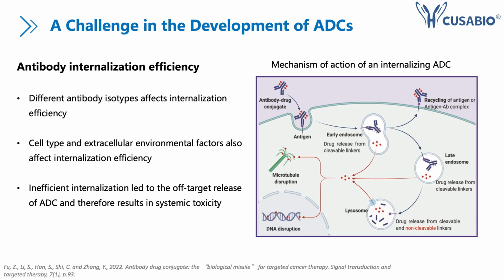However, many factors can affect internalization efficiency, like antibody affinity and specificity, and also antibody types, subtypes and isotypes. For example, IgG1 and IgG2 may have different internalization efficiency. And also the cell types and the extracellular environment around the cells can affect internalization efficiency. This means that during ADC design, internalization assessment will be a very important part.